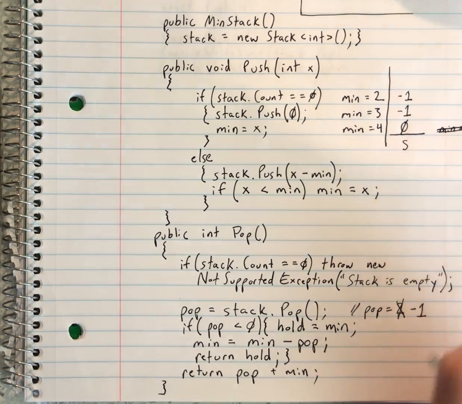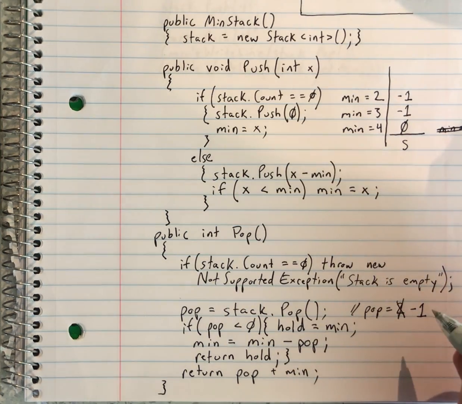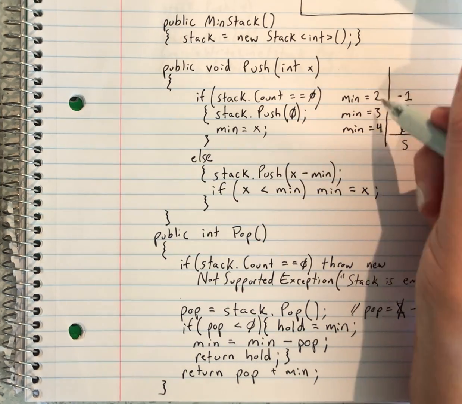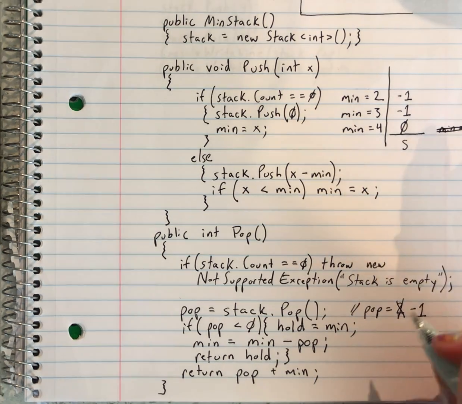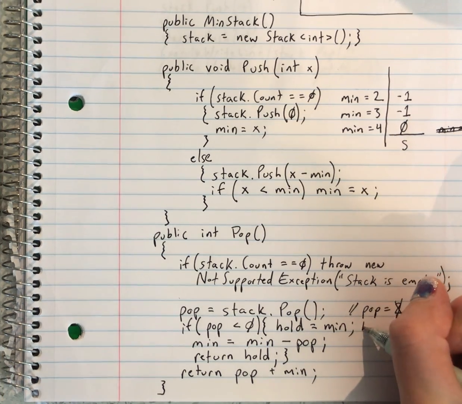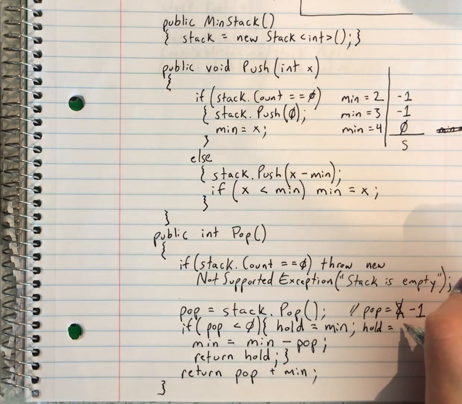So pop is -1. If pop is less than 0, that's true. So that means that 2 was at some point a minimum value. So if pop is less than 0, hold is assigned the current min, which is 2.